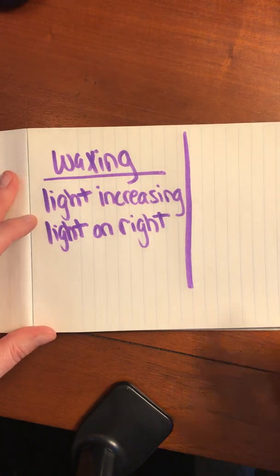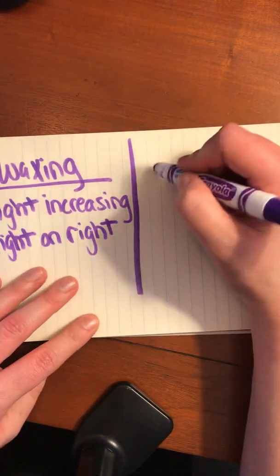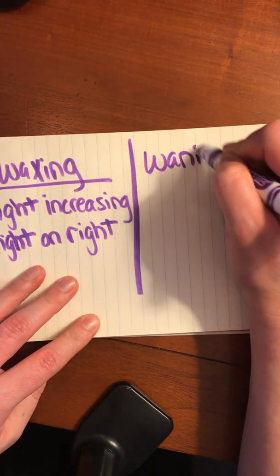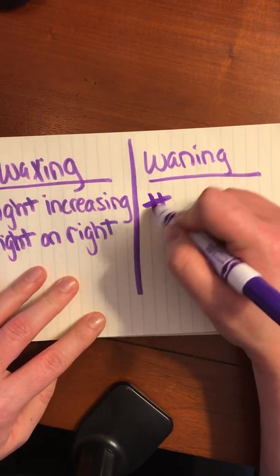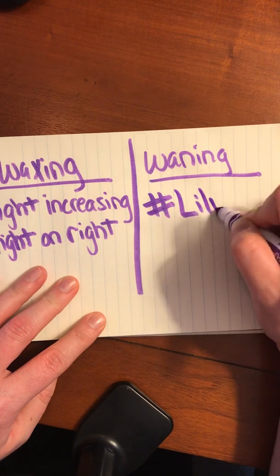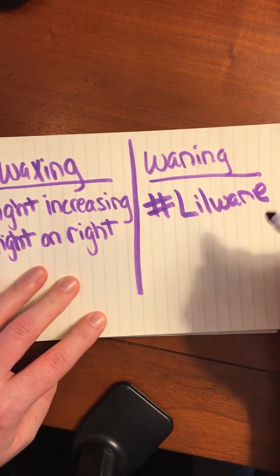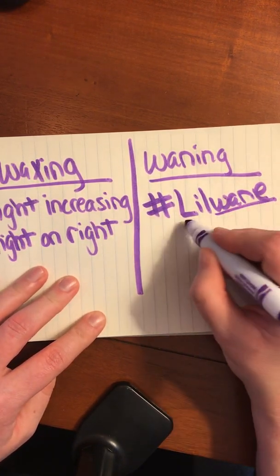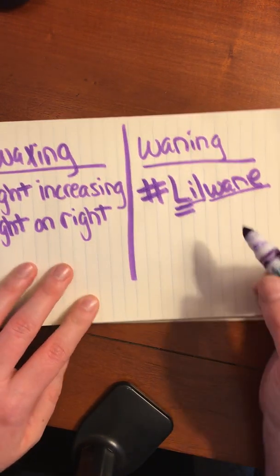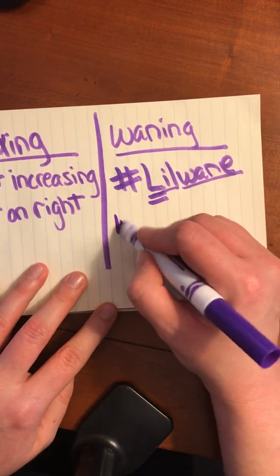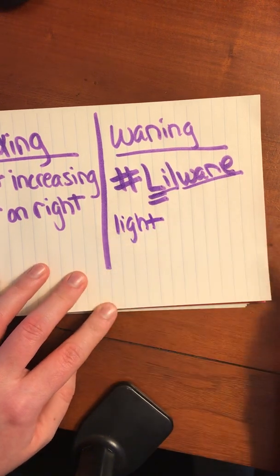Now we want to figure out what waning is. Waning, remember our trick? Hashtag Lil Wayne. If it is waning, the light is on the left and the light is getting little. So we're going to write the light is decreasing.